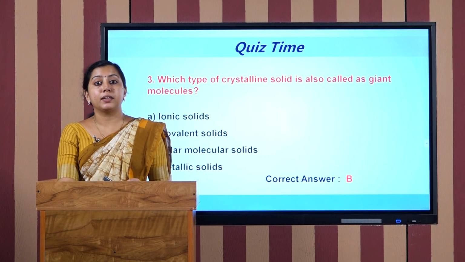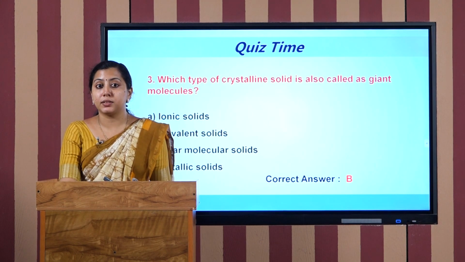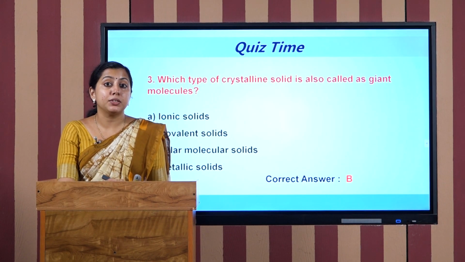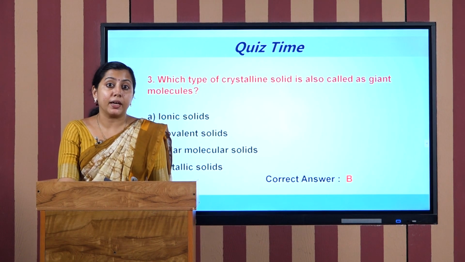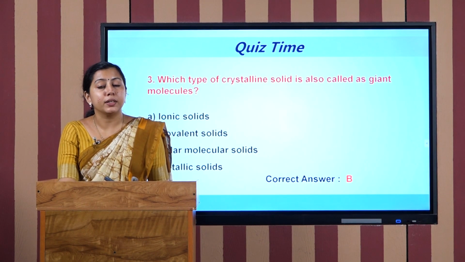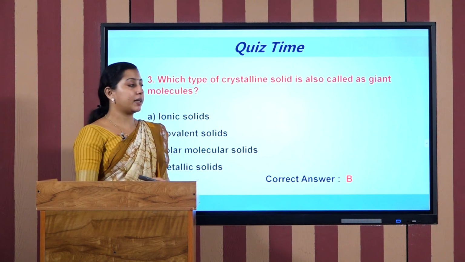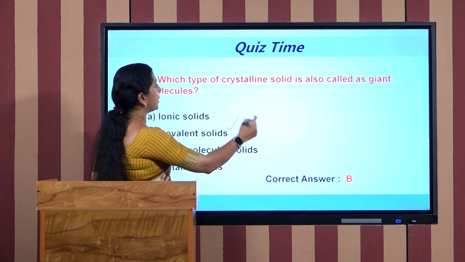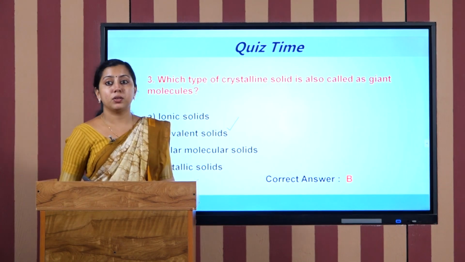We have seen that covalent solids or covalent network solids held together by strong covalent bonds can result in a continuous network producing huge crystals, and that is why they are called giant molecules. So, the correct answer is option B, covalent solids, which are also known as giant molecules.